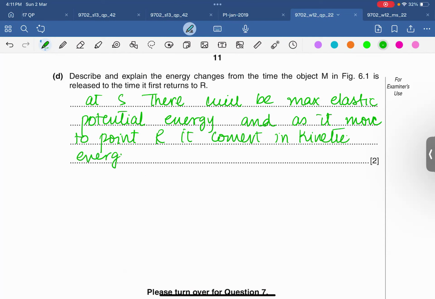Okay, is that clear, guys? It converted into kinetic energy. All of it converts into kinetic energy. The energy changes from the time the object M in figure 6.1 is released to the time it first returns to R. Okay, from release to there.